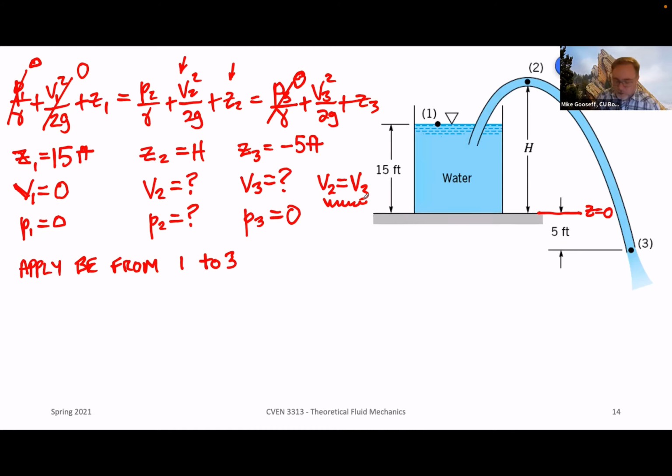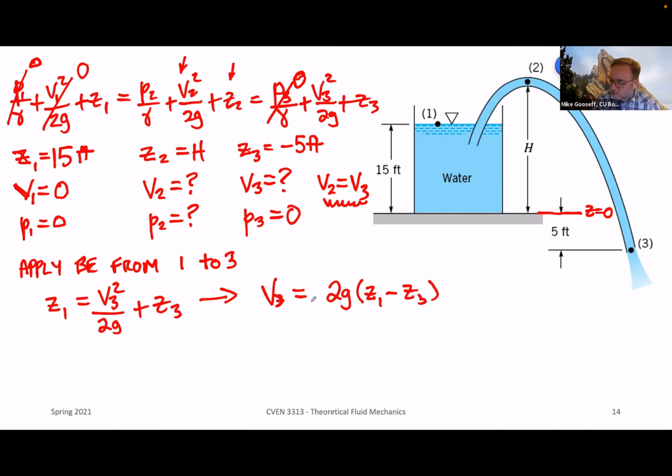All right, so let's do this. With all of the things I have, I'm going to boil this down to what's left over. Z1 is equal to V3 squared over 2g plus Z3. That means that I'm going to rearrange this and solve for V3. V3 is equal to the square root of 2 times g times Z1 minus Z3.